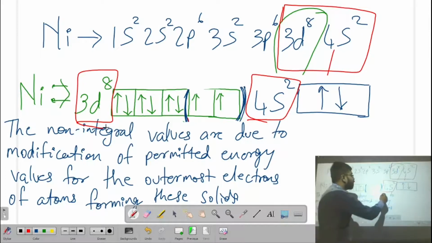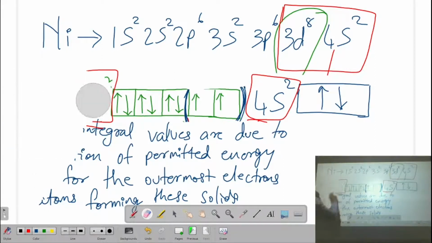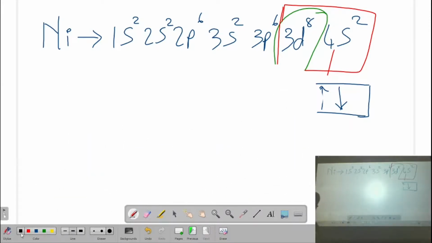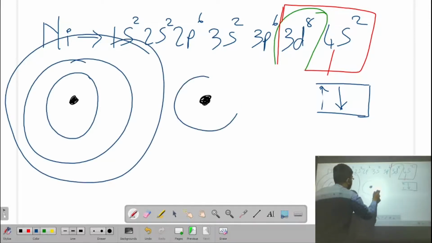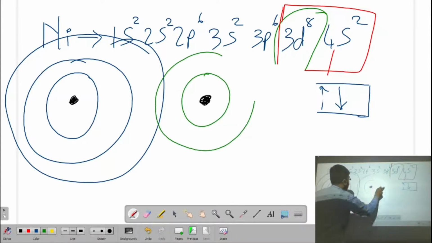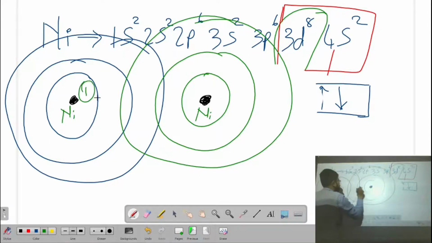Now, when the 4s and 3d orbitals overlap, because you can assume that, suppose this is one nucleus, this is another nucleus, this is one nickel atom, this is another nickel atom, this is 1, this is 2.